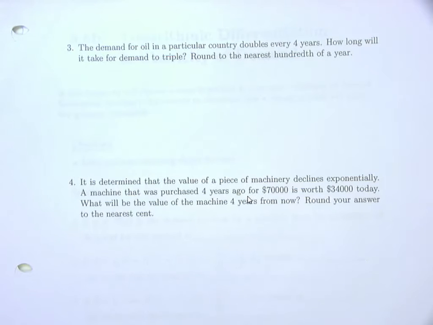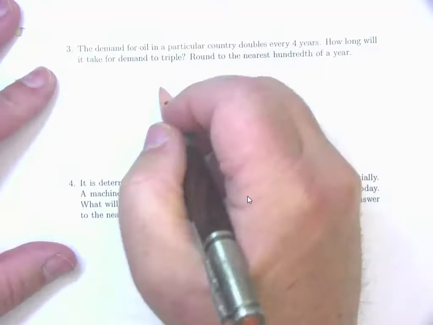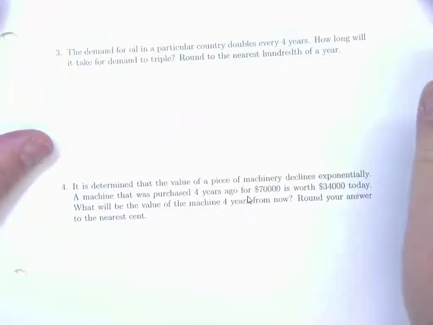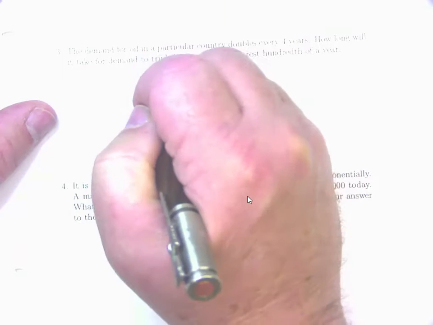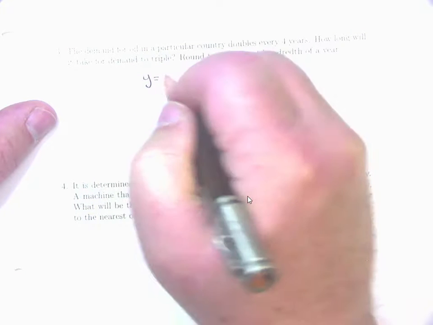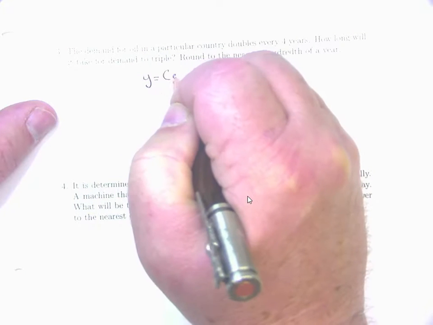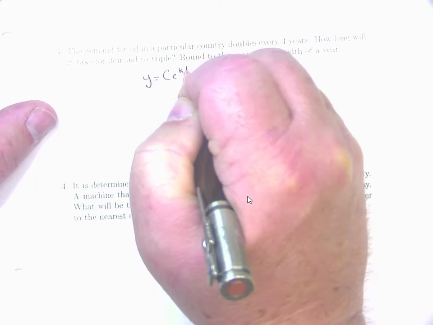Does that make sense? So with that exponential growth, here it is. A couple of different ways you can go about doing this, but I'm going to use it this way. Y equals C e to the kt.